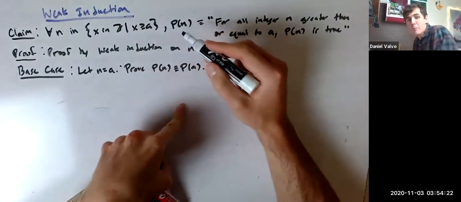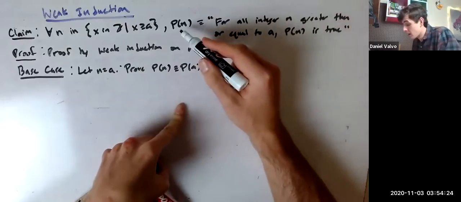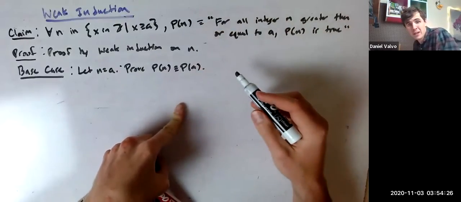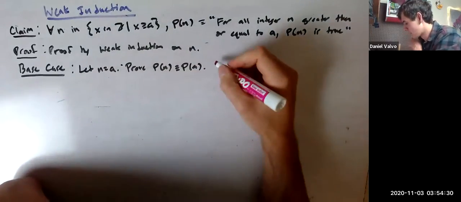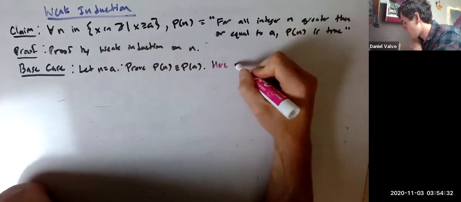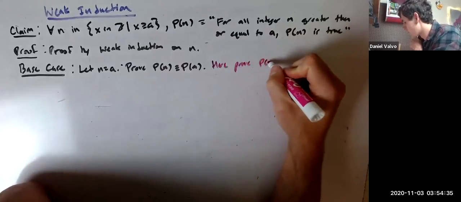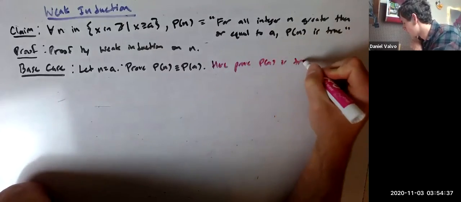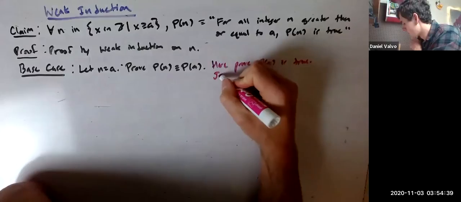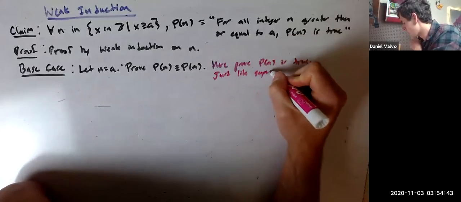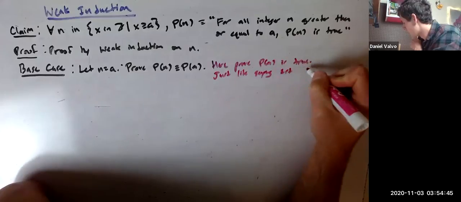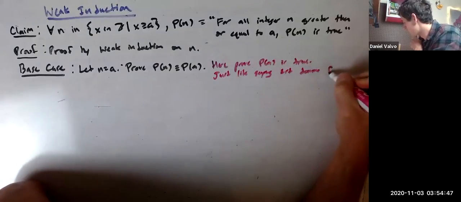So P of n, remember, is a predicate. It represents a statement, right? Or a statement once you plug in a variable. And so here, prove P of a is true. Just like saying the first domino falls.